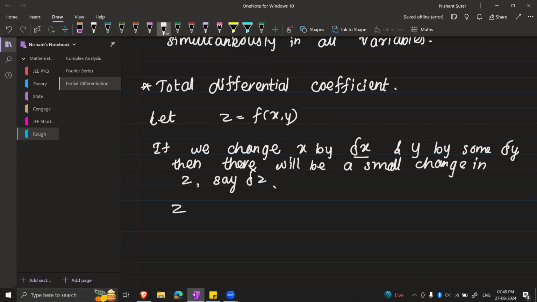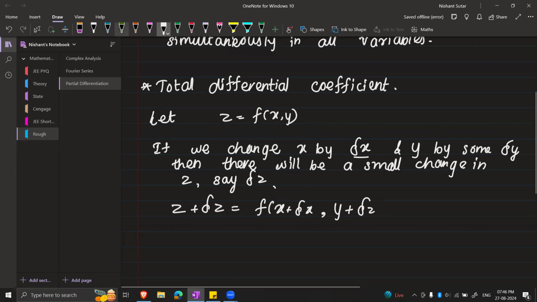So how will this look? z plus delta z is actually f of x plus delta x, comma, y plus delta y. Let's call this equation 1 and equation 2.